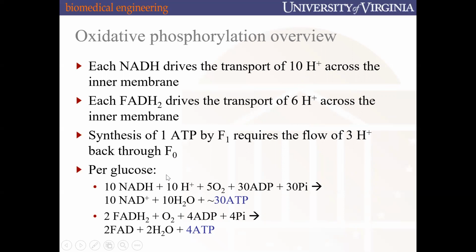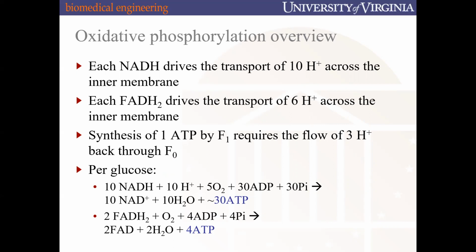As we have 10 NADH molecules from glycolysis and the TCA cycle, if you remember, the electrons in NADH can pump 10 protons into the intermembrane space. And so we can multiply 10 NADHs by 10, giving us 100 protons, right?